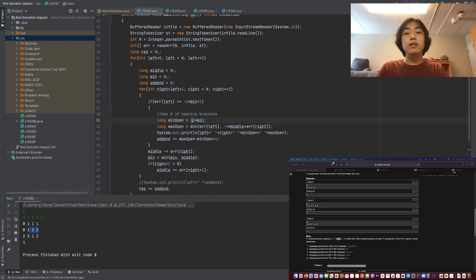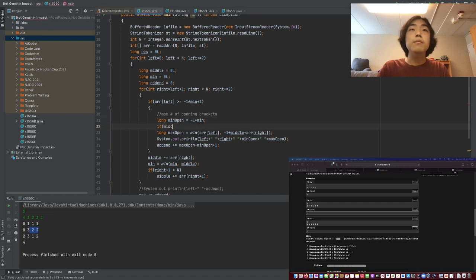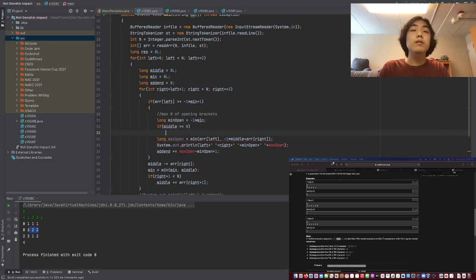Okay, so we need to have at least this many, right? But if middle is equal to 0, then min open decreases by 1. Or if middle is... I mean, we have to have at least 1 in there anyway.